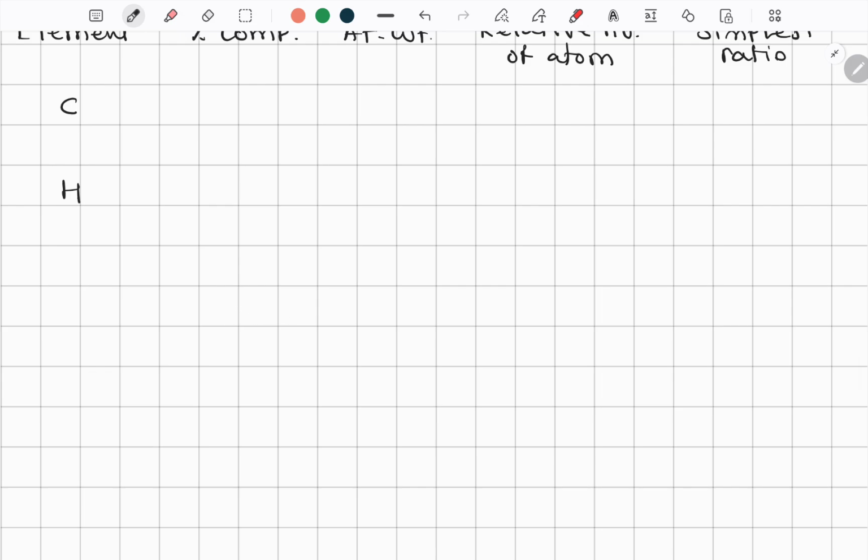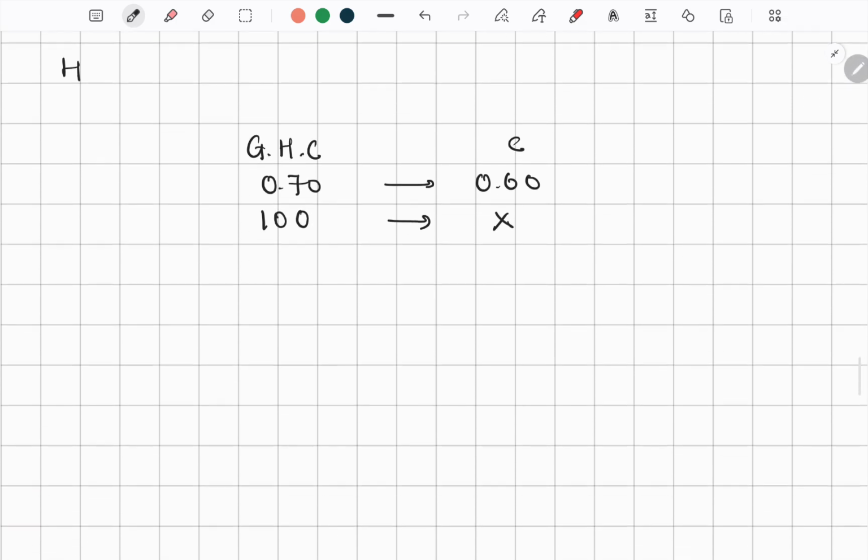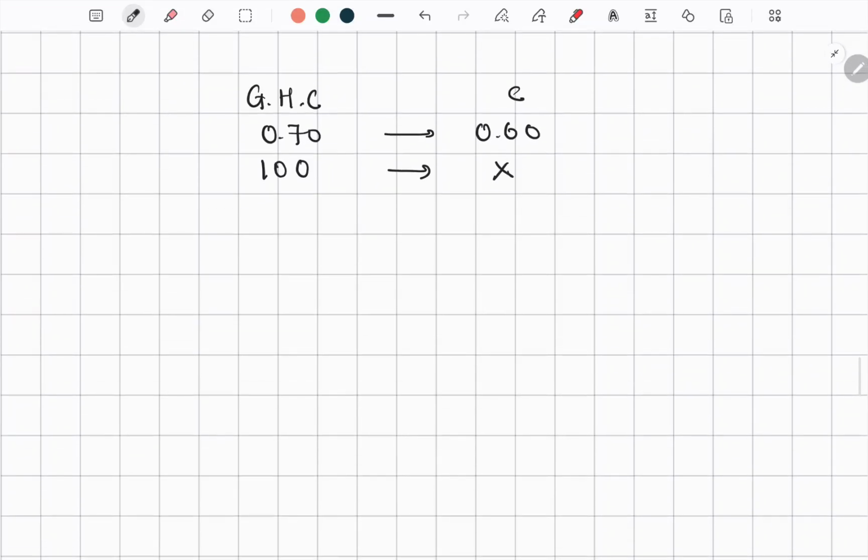We can write down that a gaseous hydrocarbon, which is 0.70 gram, contains 0.60 gram of carbon. Then 100 gram of gaseous hydrocarbon would have x gram of carbon. We are trying to calculate the percentage composition, and the reason we use 100 over here is that percentage is always out of 100.